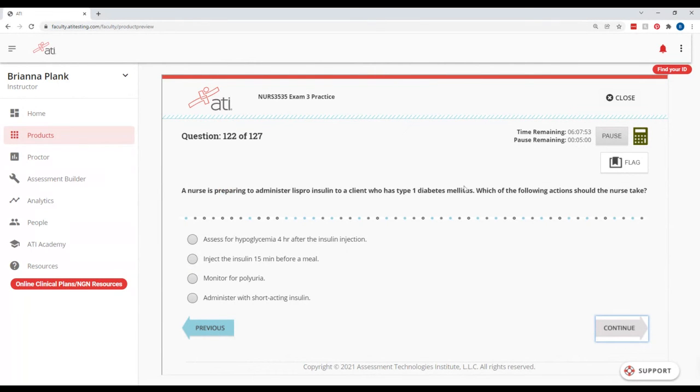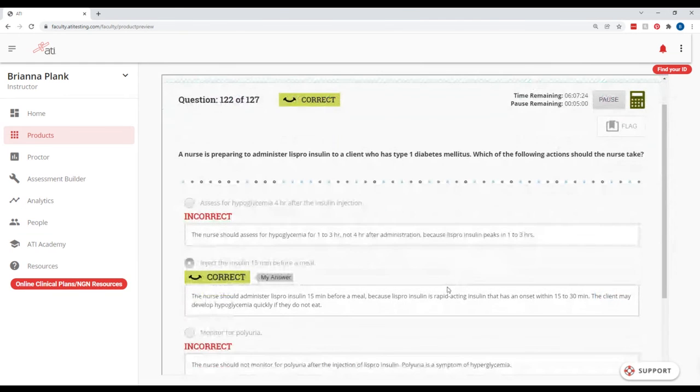We have Lispro insulin. What do you guys think? I feel like we got burned on that other one with the 15 minutes.